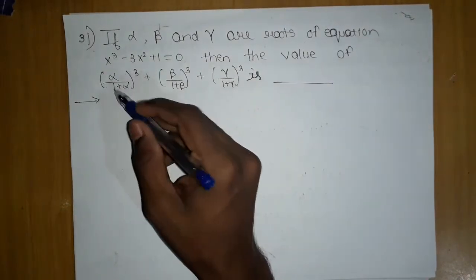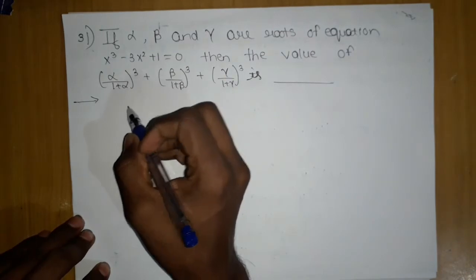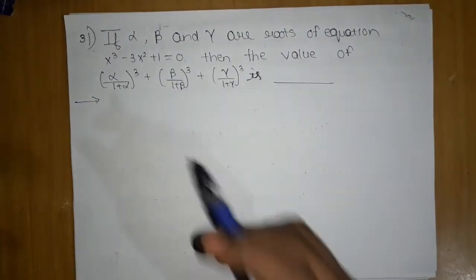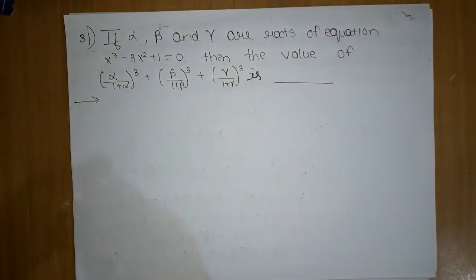Because I want to find the sum of these values, if I get a quadratic equation whose roots are these, then I can take the sum, and then using formulas like (a plus b plus c) the whole cube, we can do manipulations and find the values. So in this direction you have to think in such problems.